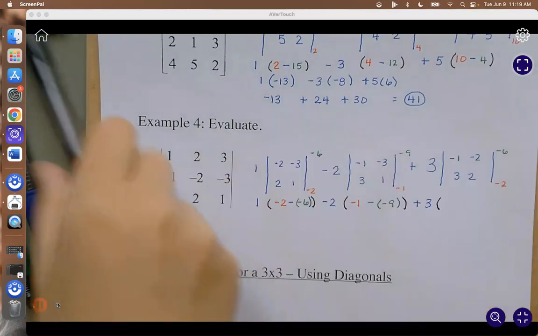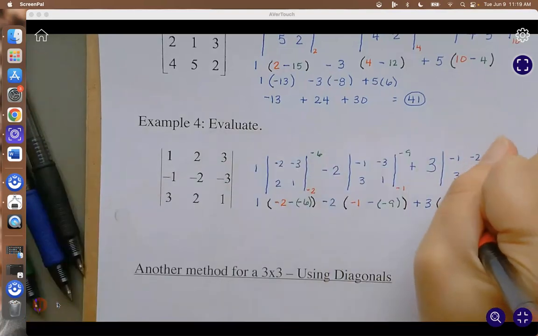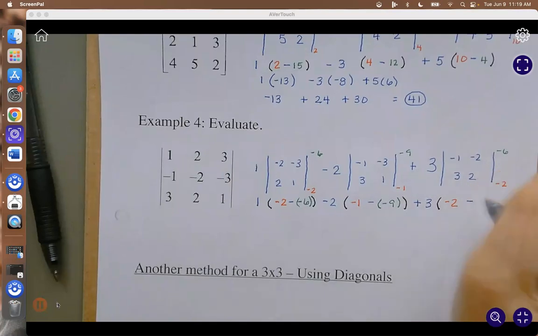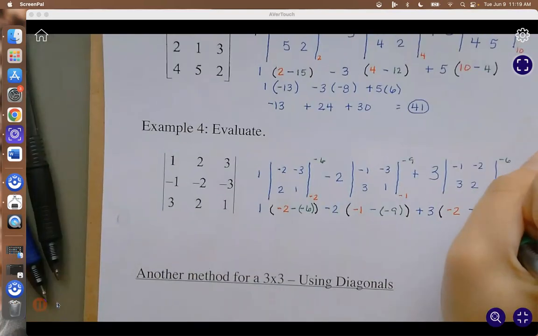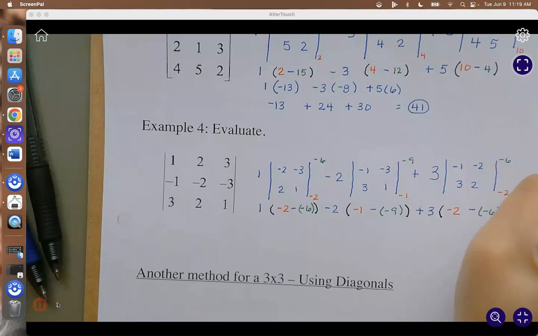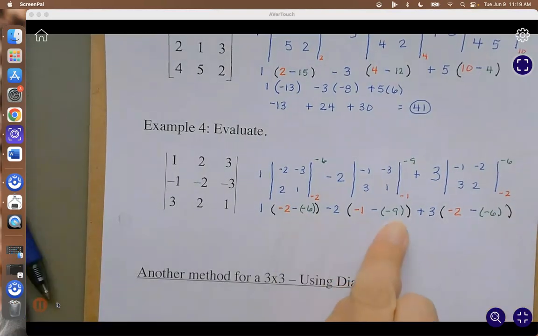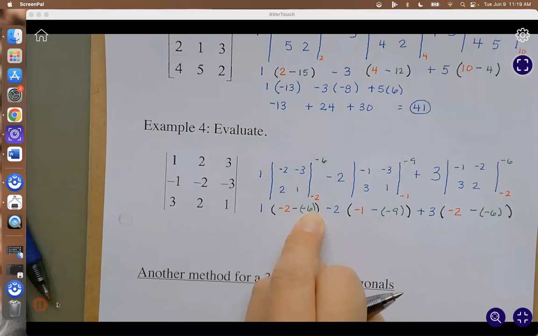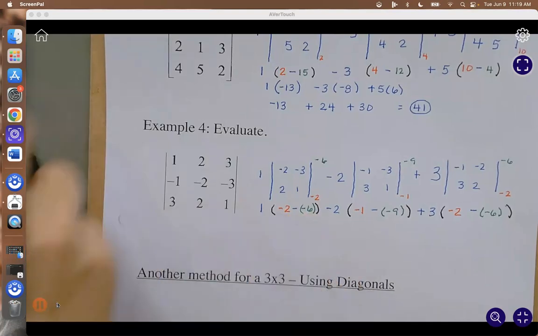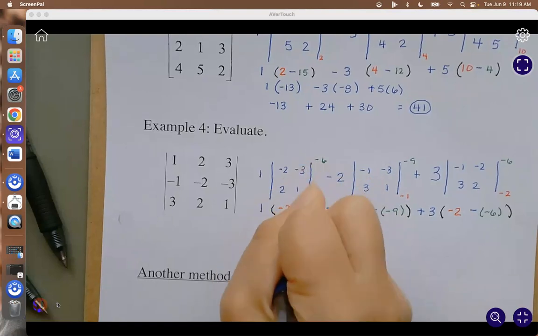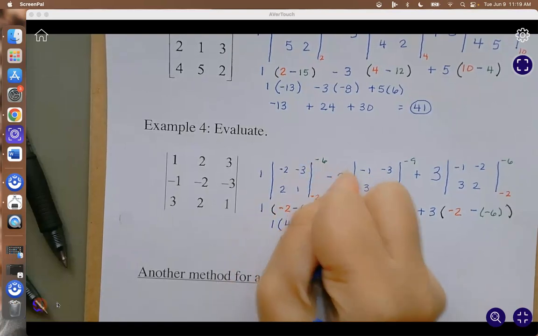Then here we have -2 minus -6. Now, notice that all of these second numbers are negative, and there's a minus in front of them, so that means they're going to turn positive. Okay, so that's a 6 and a -2, which is 4. 1 times 4 is 4. Okay.